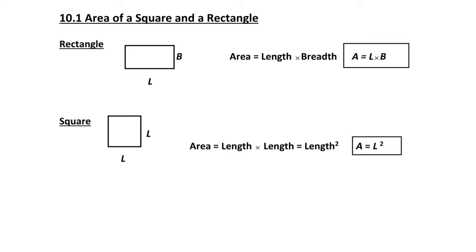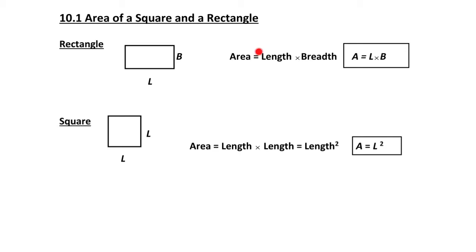Sometimes we talk about the area of a rectangle as base times width, or there could be many other different forms of it, but essentially we're just multiplying the two perpendicular measurements, the length by the width, or the length by the breadth, or whatever. Now a square is a special rectangle, so a square is a rectangle where all the sides are equal.